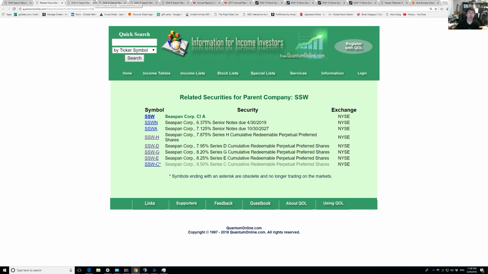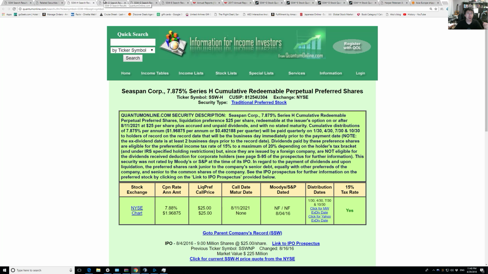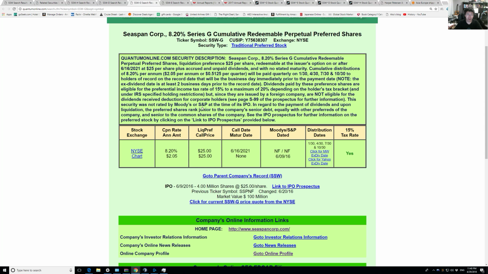There is no preference. But in certain companies, especially startups, the preferred shareholders actually form a ranking among themselves. Like A might be more senior to B, and B more senior to C, or the other way around. Usually the other way around. Okay, so let's go back to here. And senior to common shares of the company, that's obviously the case.